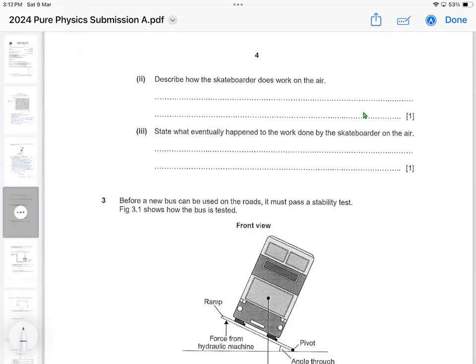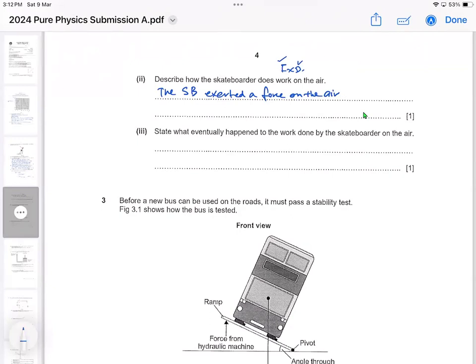Okay, the work done in air concept. We want to talk about this because work done will always be force times distance. So we need to talk about how he exerts a force on the air and how the air actually moves. So we can say the skateboarder exerted a force on the air.